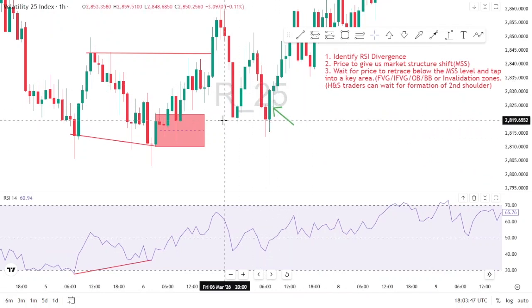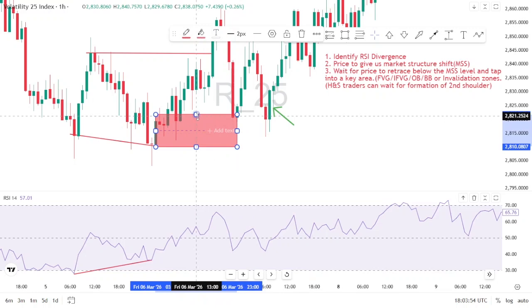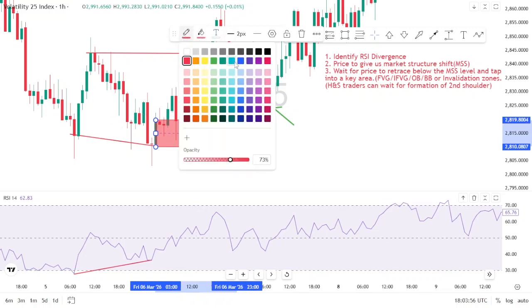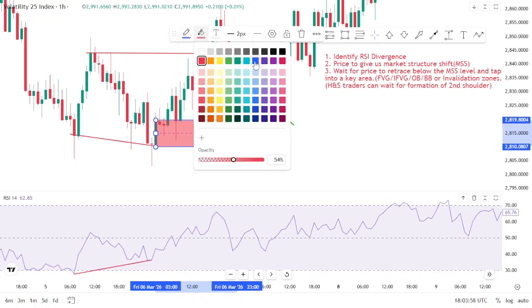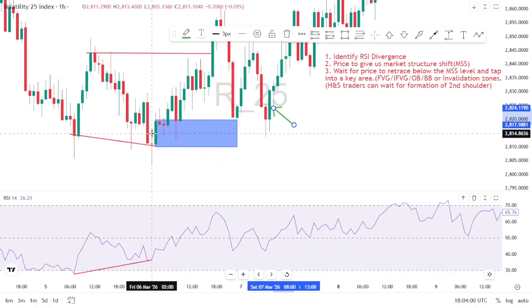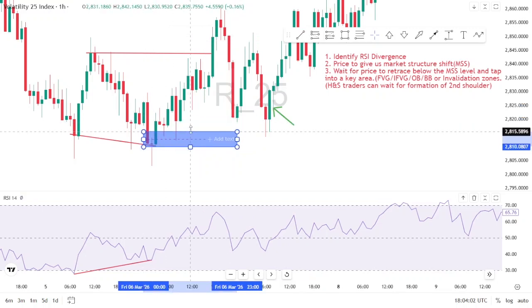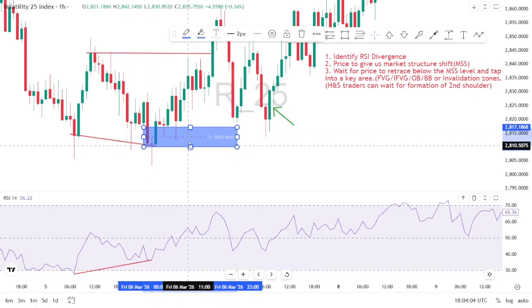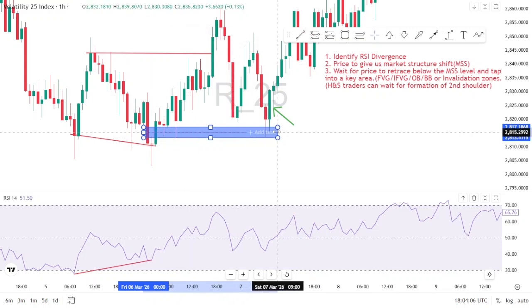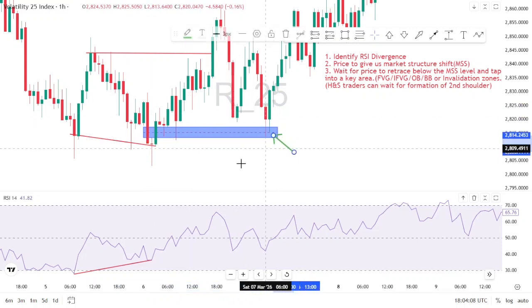So when you look towards the left of this price action, you can see we have several areas of value. Let me make this blue. You have this fair value gap here. You can see price tapped into it.